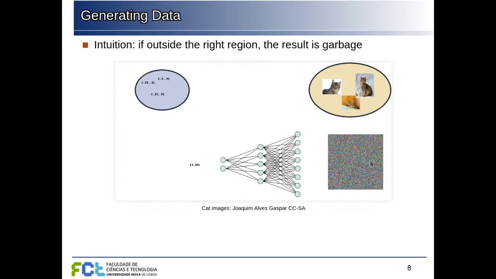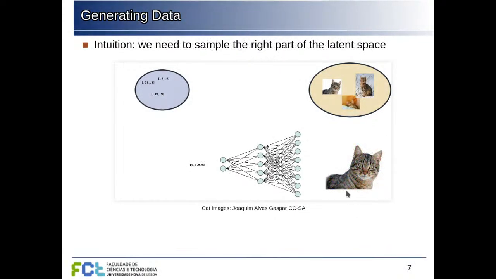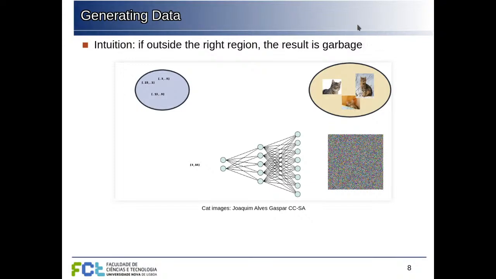If you train an autoencoder, it may be hard to use it to generate examples because you don't know the shape and the distribution of the latent space representation for the values that actually result in some meaningful outputs. So if you just pick at random without knowing how to select, you are likely to just get something that doesn't work. It's not the kind of examples that you want.